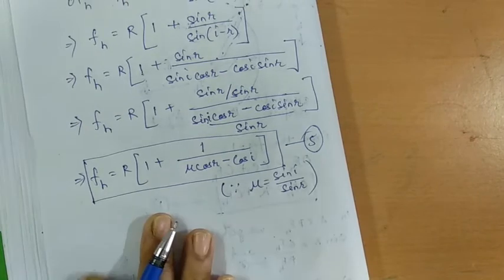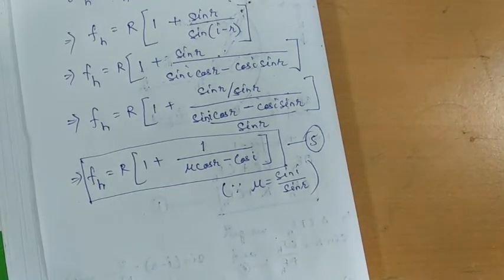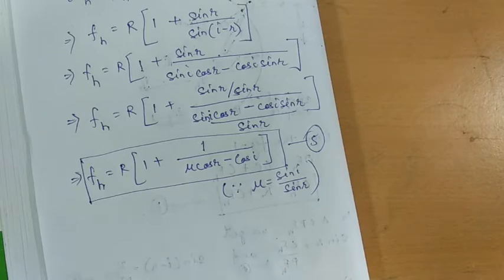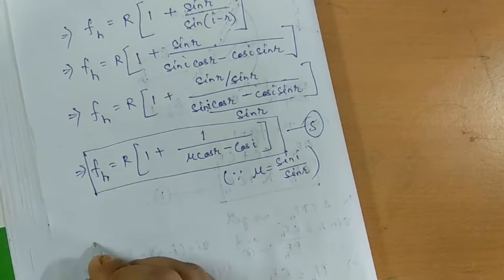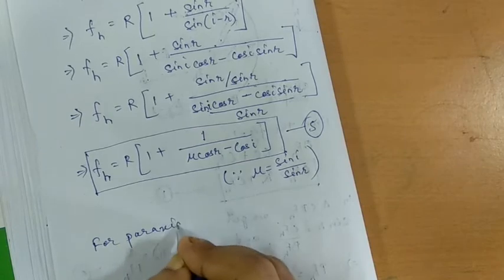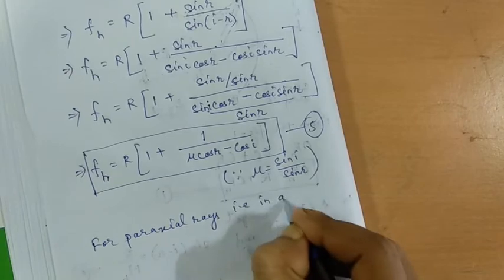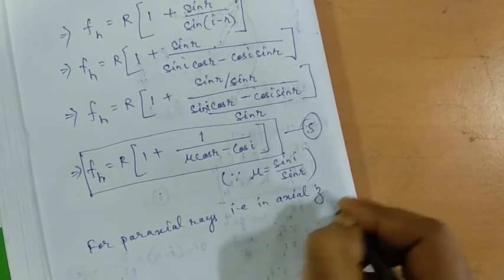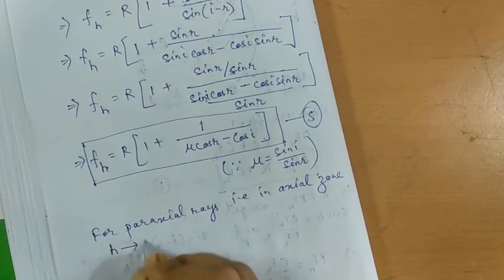Now here I have considered the rays to be marginal rays. Now if you are considering paraxial rays, that means you can consider this to be an axial zone. In this case, your H tends to 0. So for paraxial rays, that is in the axial zone, H tends to 0.